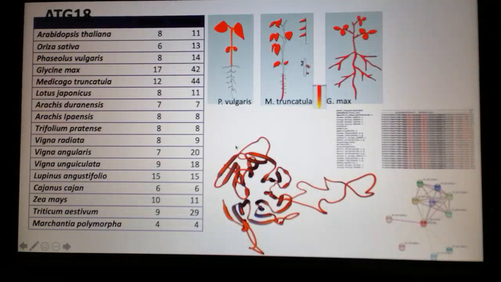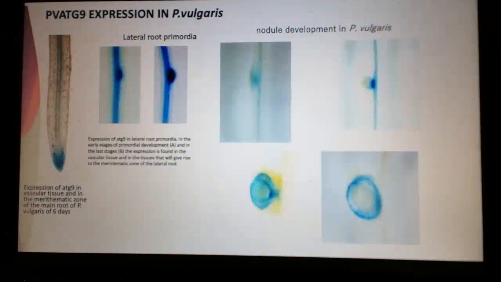Here I show the 3D structure of ATG18G2 with the common structure of WD-containing proteins with symmetrical blades. At the other level, we have the promoter construction of ATG18 in Phaseolus vulgaris that will help us to understand the autophagosome membrane dynamics. These results show the expression in the meristematic zone and vascular tissue in roots at 6 days.